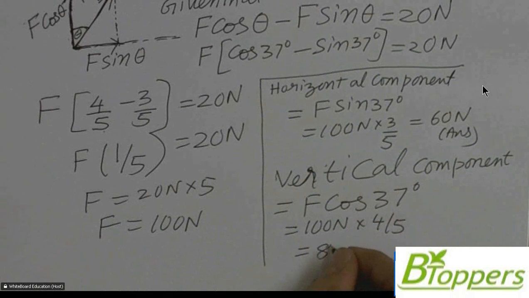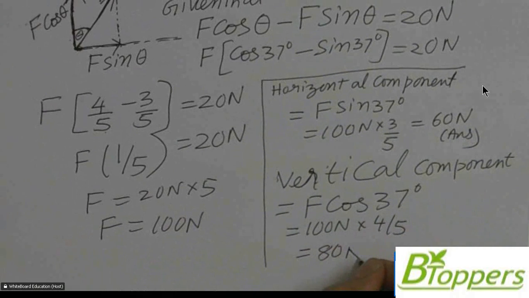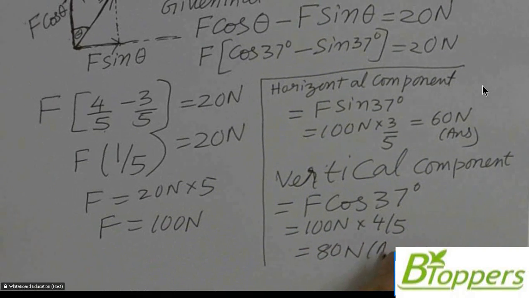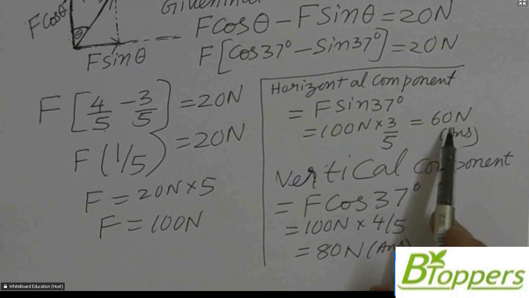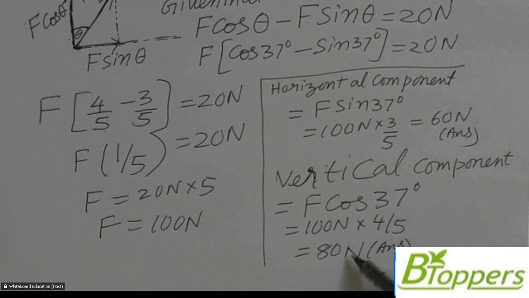So you get magnitude of the vertical component as 80 Newton. So that's the answer. It means magnitude of the horizontal component of the force is 60 Newtons and magnitude of the vertical component of the force is 80 Newtons.